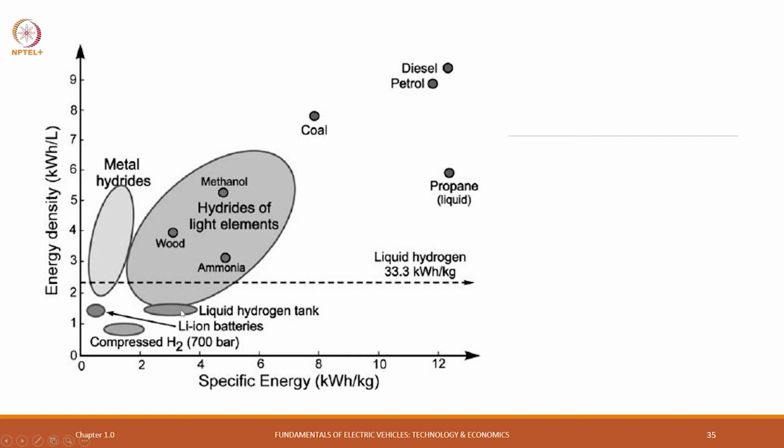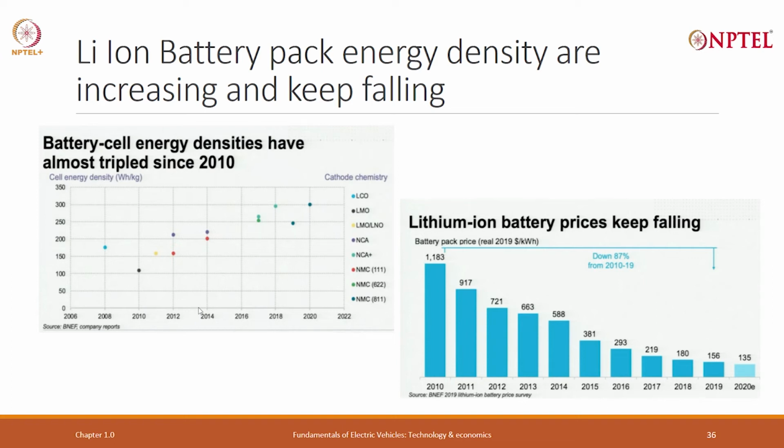But in terms of kilowatt hour per liter, it is still low. So, this is what we need to start worrying about. Of course, liquid hydrogen will require a tank. The tank will have to be strong enough. So, a metal tank will add to the weight. So, this diagram is a very interesting diagram, keep this in mind all the time.